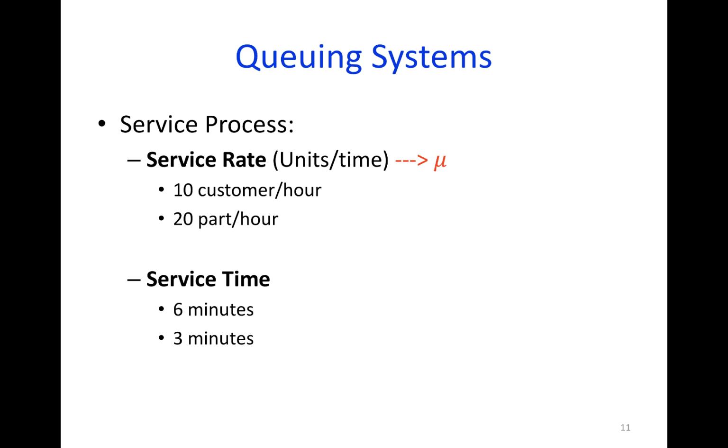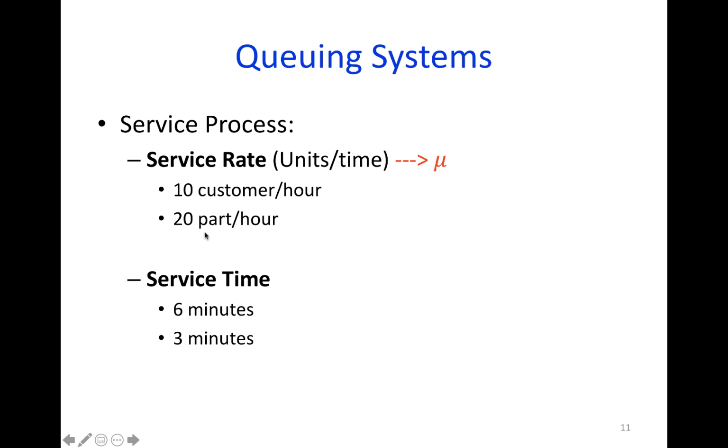The other way that we can provide this information is through service time. Service time shows the time that it takes to provide service to a customer or process a part. For example, if in a bank every agent can process 10 customers per hour, given that an hour has 60 minutes, that means it takes 6 minutes to serve each customer.